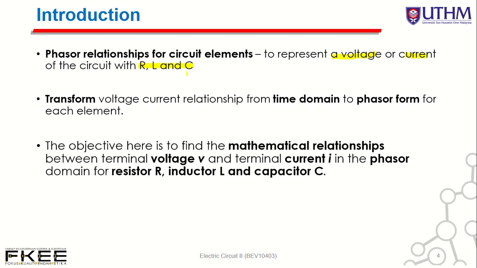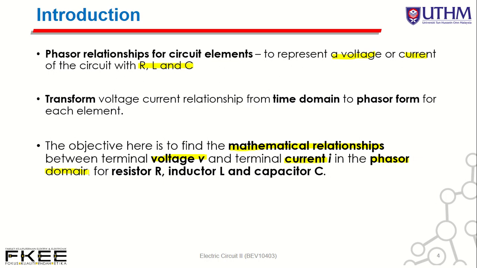The objective here is to find the mathematical relationship between terminal voltage V and terminal current in the phasor domain. That's why we learned about the phasor domain in the previous lecture. It is important to apply it in the analysis of these circuit elements.